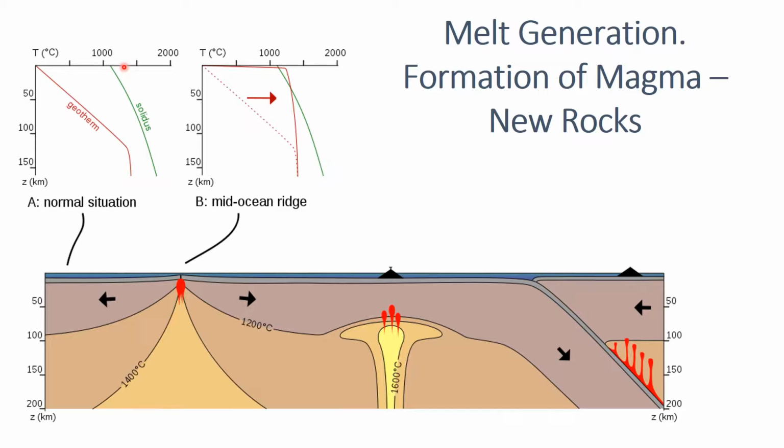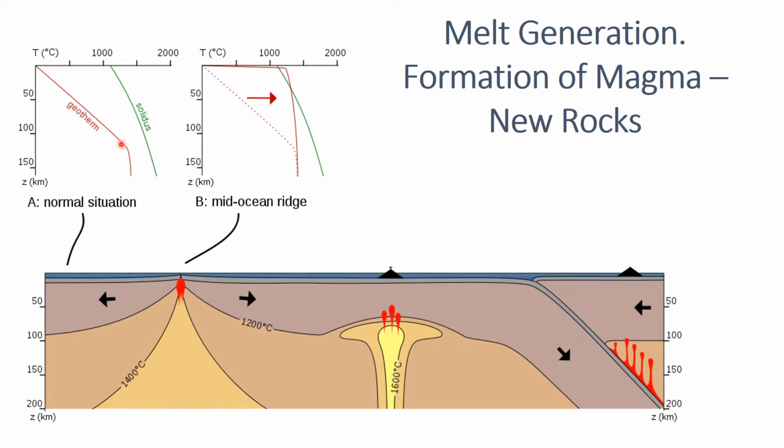So at higher pressures, you need to raise the temperature more to melt something. That's what this green line is. At depth, we maybe have to get up to 1800 degrees Celsius to melt something. And you can see under normal conditions, it never gets hot enough to melt any rock, which is why most of the Earth is solid, which is quite nice.